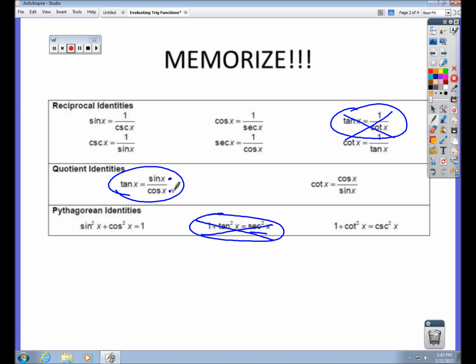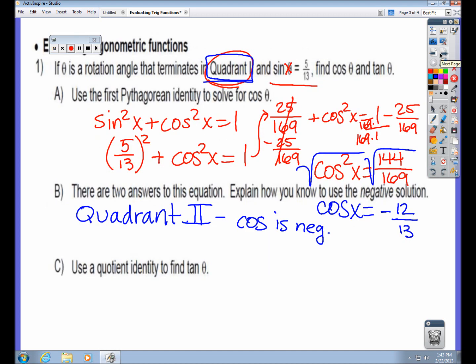So let's use the quotient identity to solve for tangent. The quotient identity is tangent of x or theta, whichever way you want to write it, equals the sine divided by the cosine. So let's substitute our values for sine and cosine. The sine was 5 over 13 divided by the cosine we just found was negative 12 over 13.